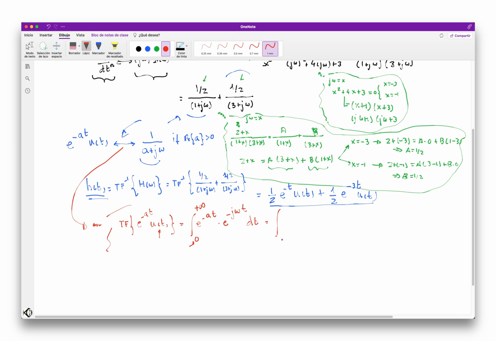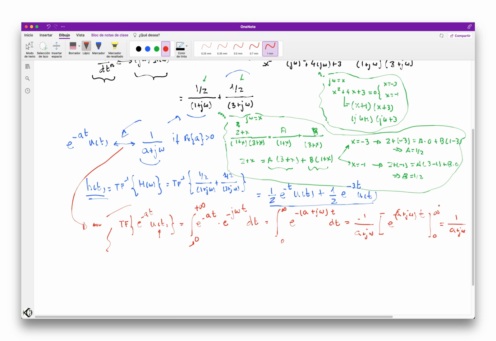And this is immediate because if we put everything in the same exponential, what you get is e to the minus (a plus j omega) t dt, which is immediate. This is minus 1 divided by a plus j omega, times the same exponential, e to the minus (a plus j omega) t, between 0 and infinity.